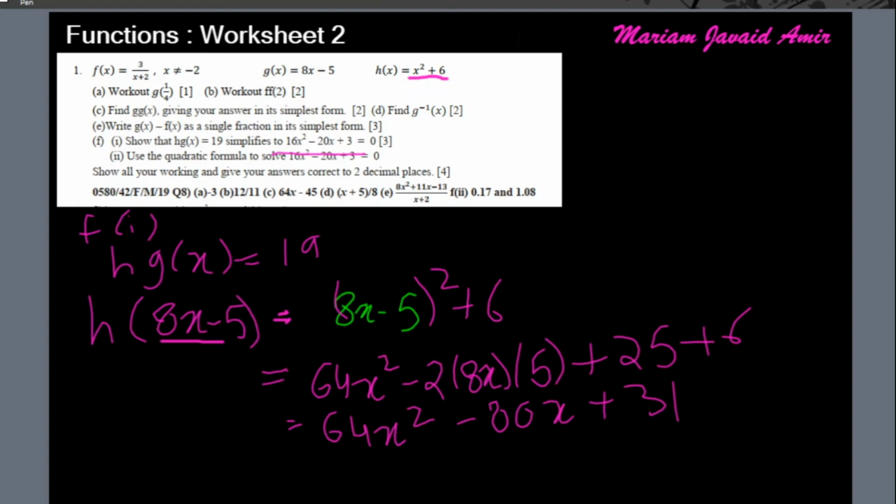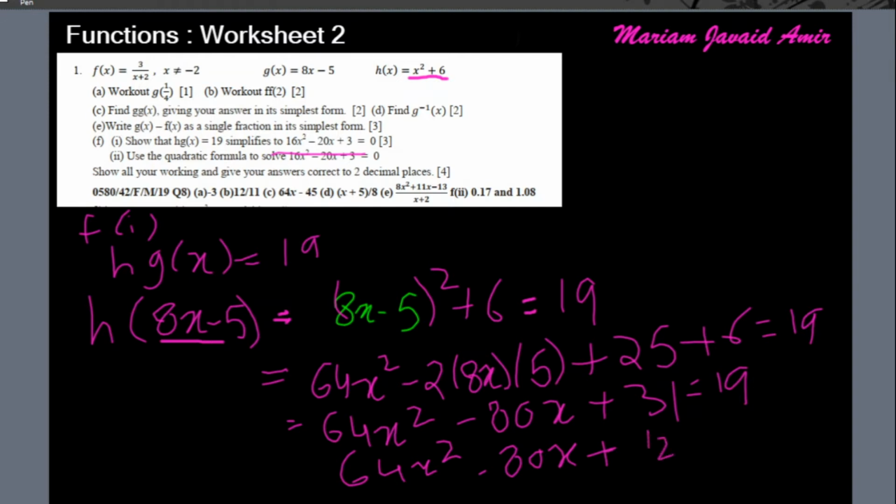Also equate this to 19, and move 19 to the other side and we get 31 minus 19, 12 equals 0.